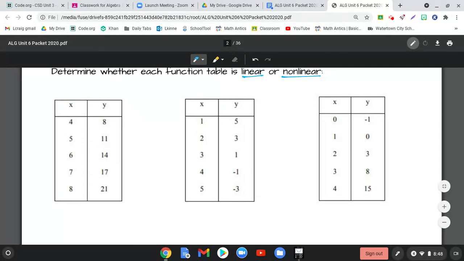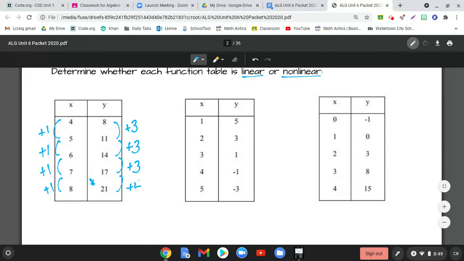So in this first one, to get from 4 to 5, we add 1. 5 to 6, we add 1. Add 1, add 1. So that's changing the same. All right, but the y column is typically where it's at. So 8 to 11, we have to add 3. 11 to 14, we add 3. 14 to 17, we add 3. 17 to 21, oh, be careful.